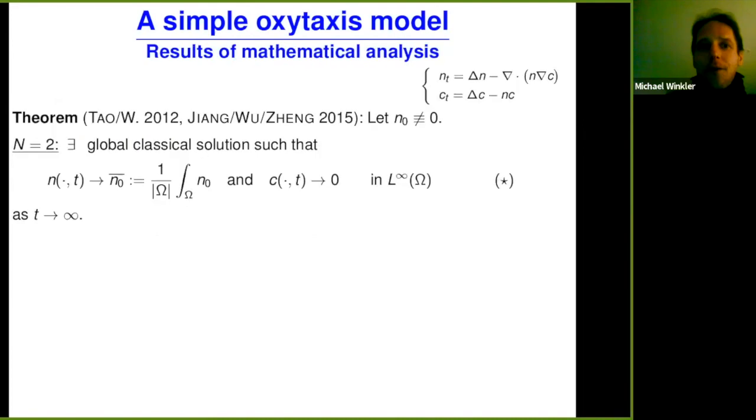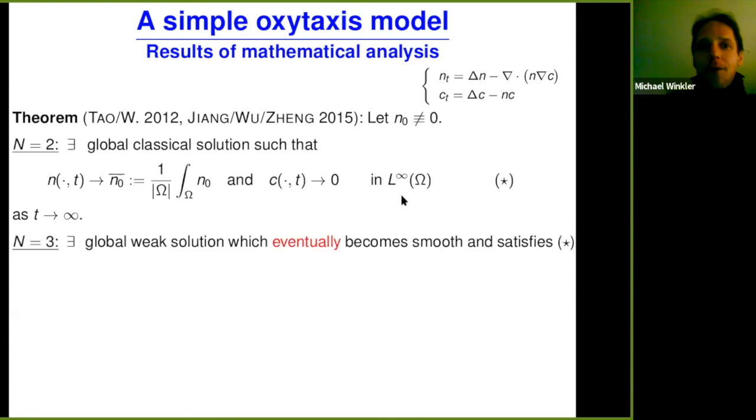And indeed, in the 2D case of this chemotaxis consumption system, you can rigorously prove you always have blow-up prevention. Completely opposite to the classical Keller-Segel, you always have a global classical solution, and it approaches the spatial mean in its first and 0 in the second component. And this is quite precisely the guess.